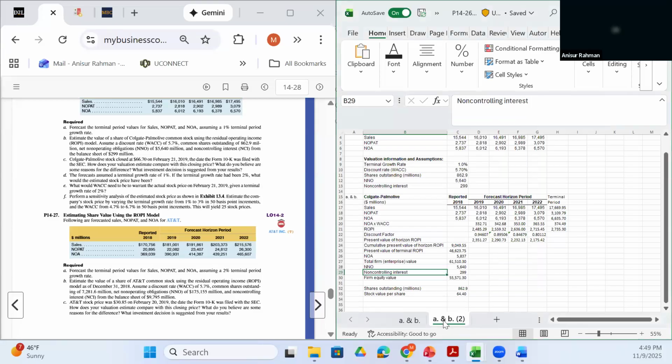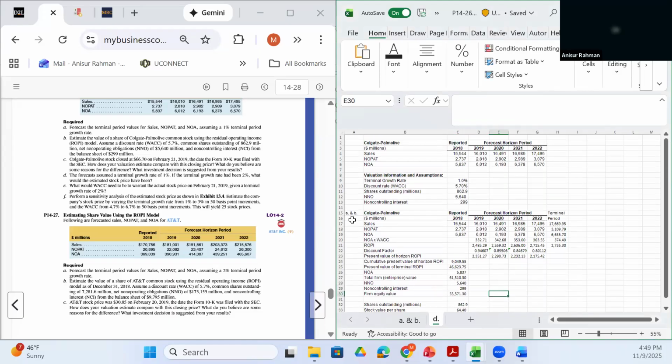And this will be my, let's say, D. So for D, what I'm going to do, change it to 2%.